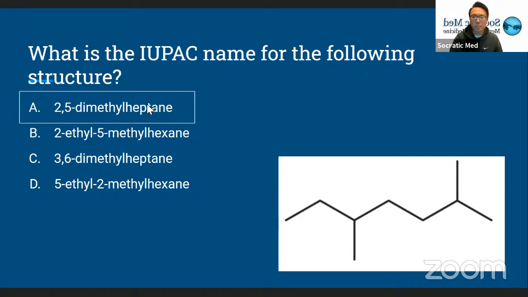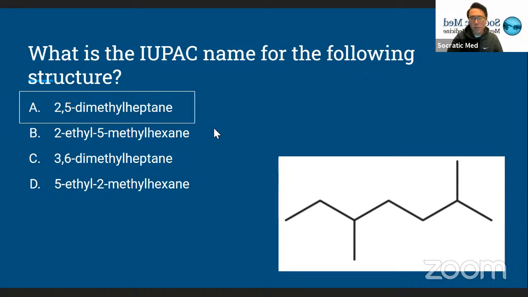And then when numbering the carbons, you want to start numbering from the right side. So this rightmost carbon would be carbon 1, and then the methyl group would be on carbon 2, and the other one would be on carbon 5.